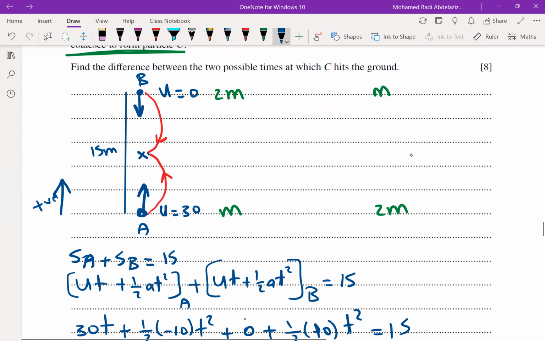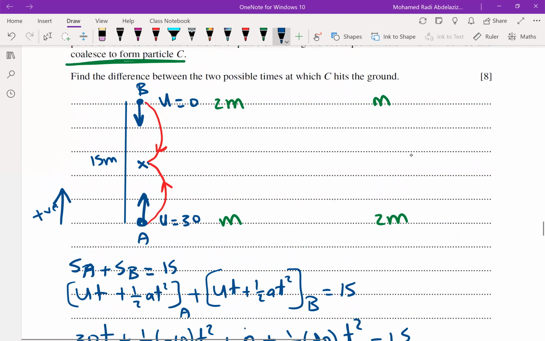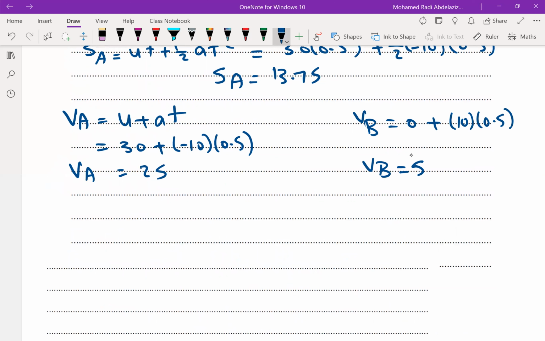Now, after finding the displacement and velocities of each, we'll use the momentum law. In general, you have to know the direction before you start.